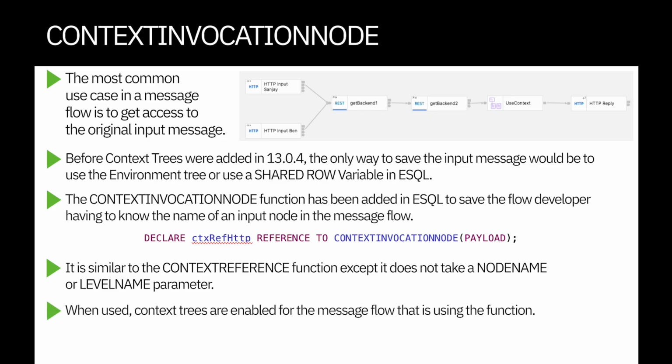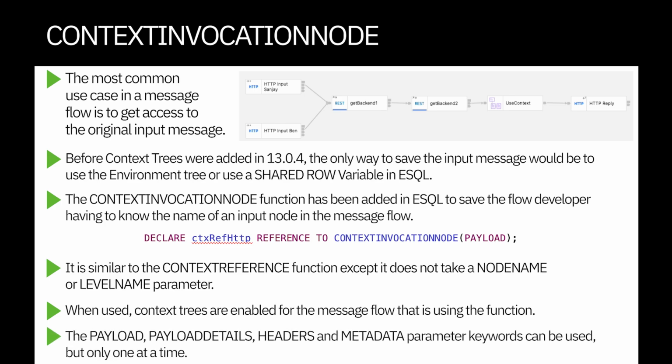When the contextinvocationnode is used, the context trees are enabled for the message flow, and the function can also use payload, payload details, headers or metadata, but only one of these can be used at a time.